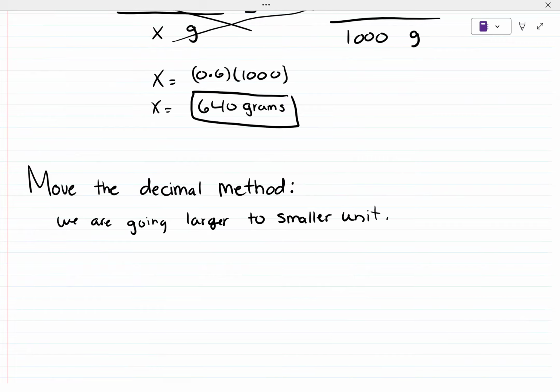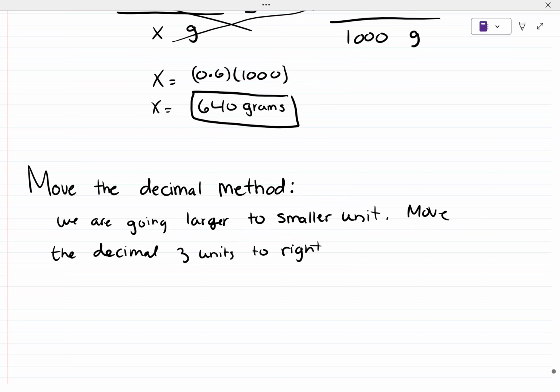What you're going to do is move the decimal 3 units to the right. If we're going from a larger to a smaller unit, you move it to the right.